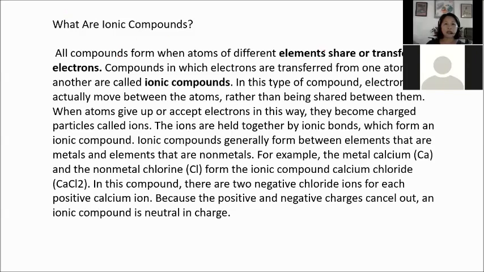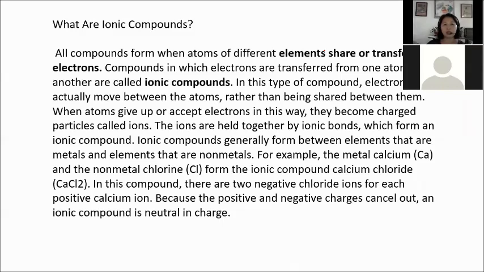So what is an ionic compound? It is a compound bonded with the electrostatic force, the result of ionic bonding. All compounds are formed when atoms of different elements share or transfer electrons.